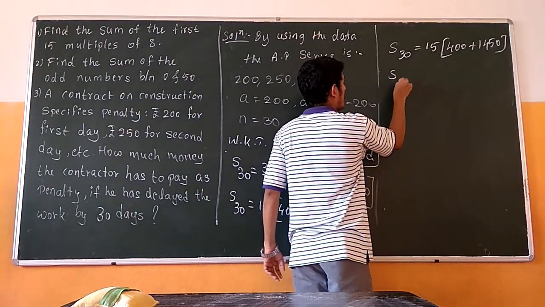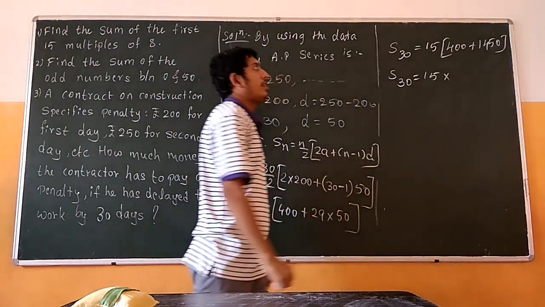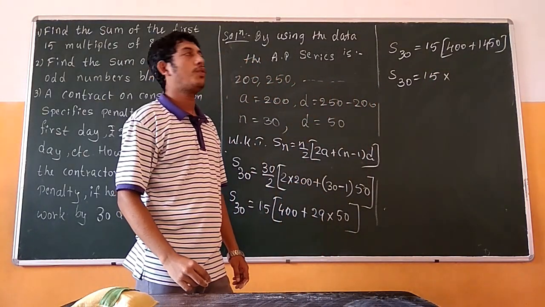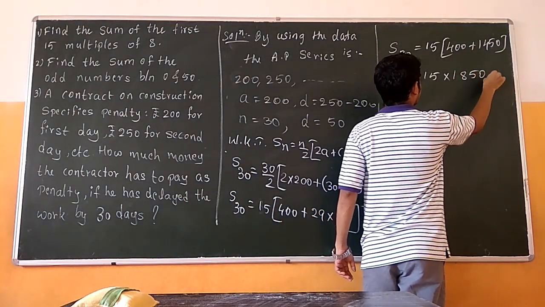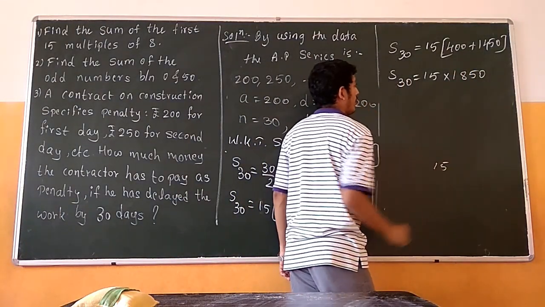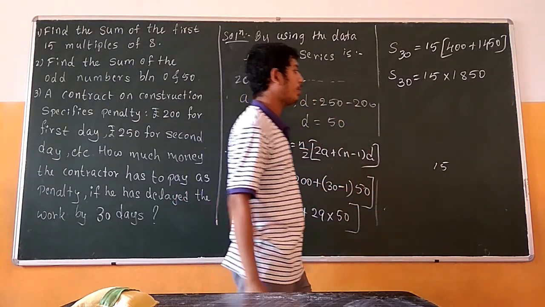So S30 equals 15 into 400 plus 1450. It becomes 1850. Therefore, I will use the commutative property, that is a into b is the same as b into a.